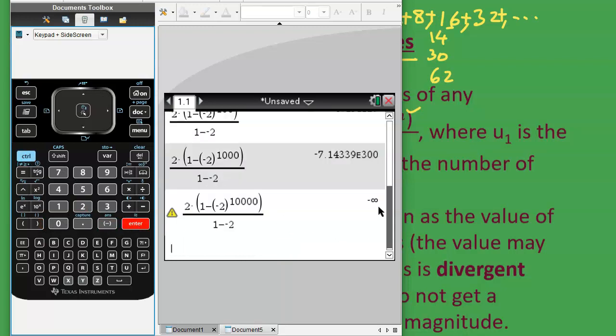It is negative infinity. That means it is an enormously large negative number this time.